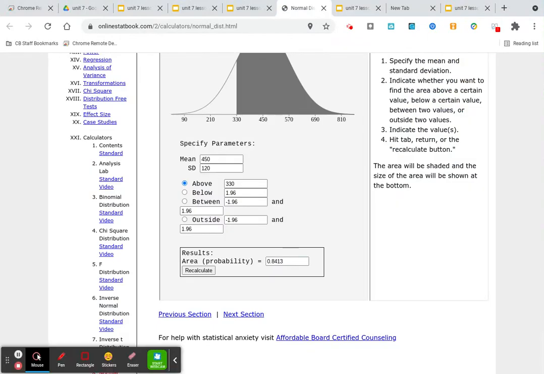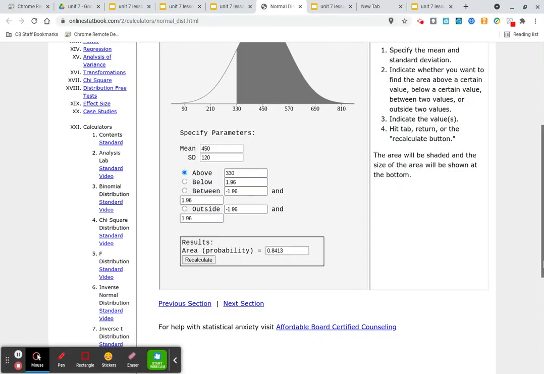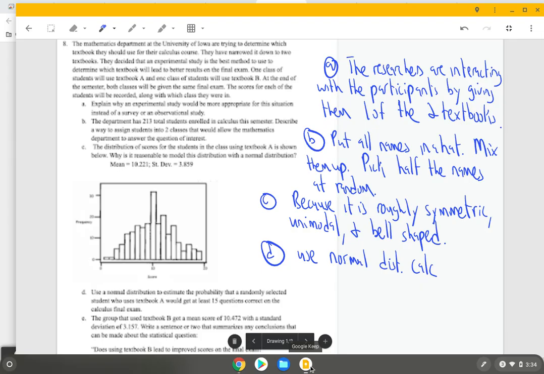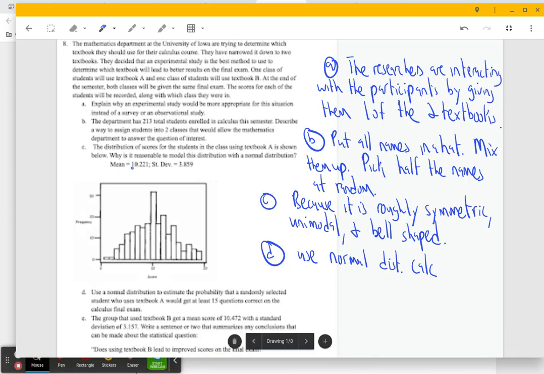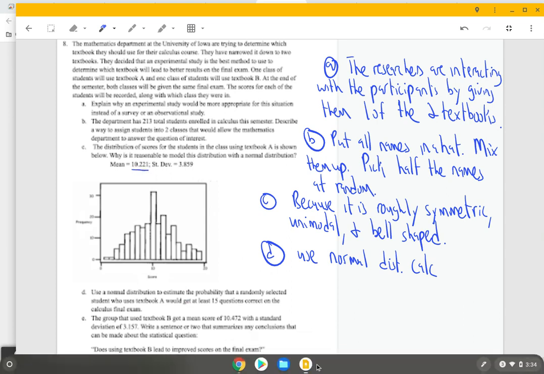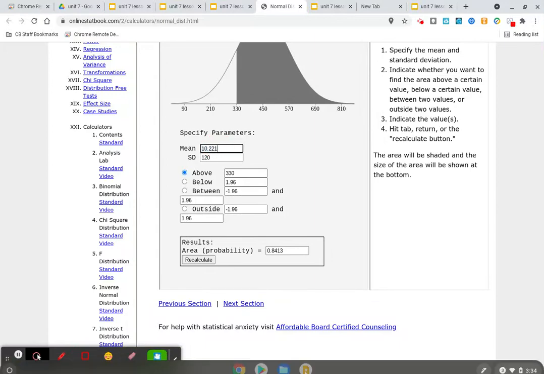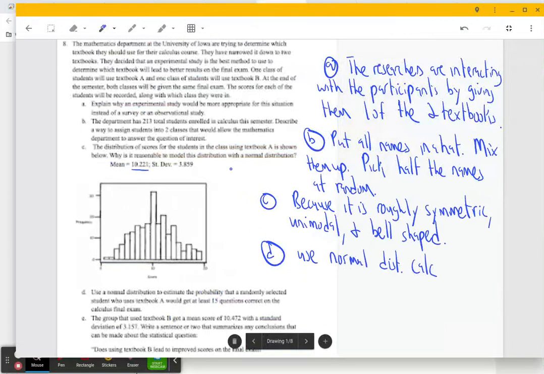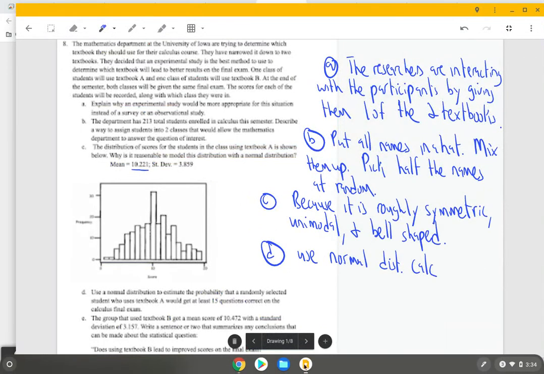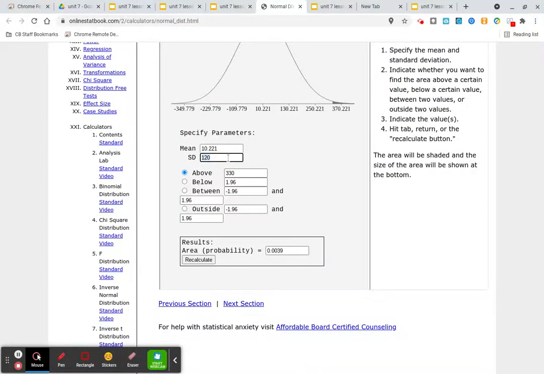That's this one right here. So our mean for textbook A was 10.221 right here. And our standard deviation was 3.859.